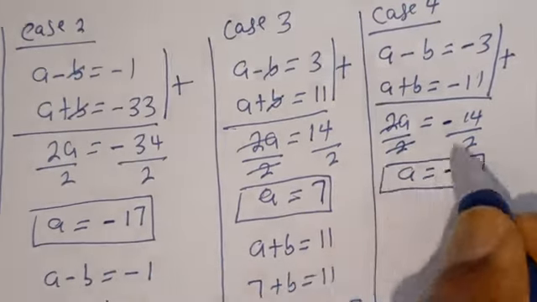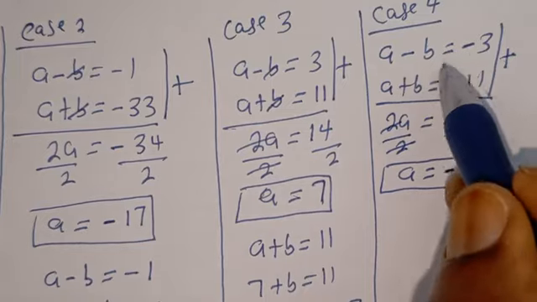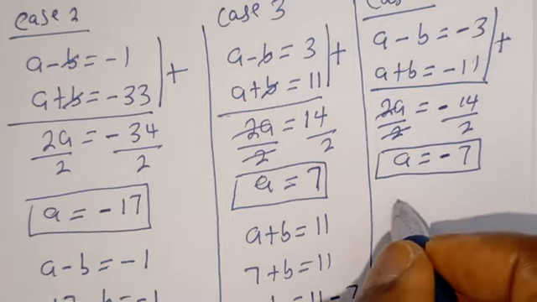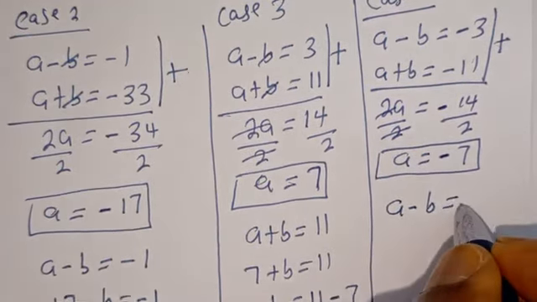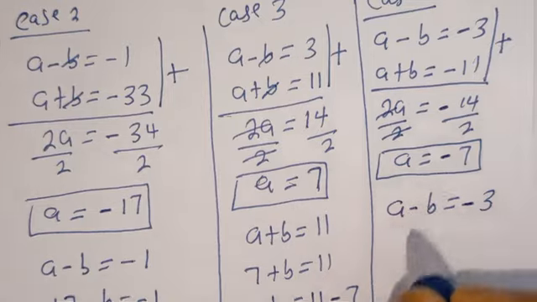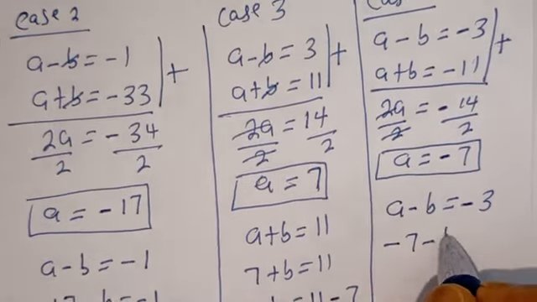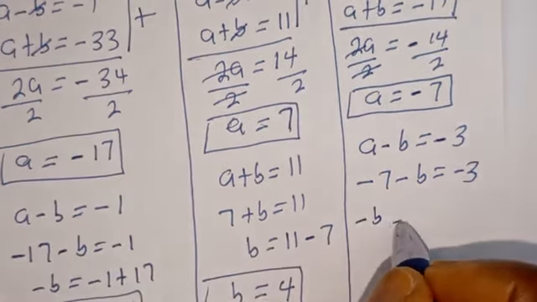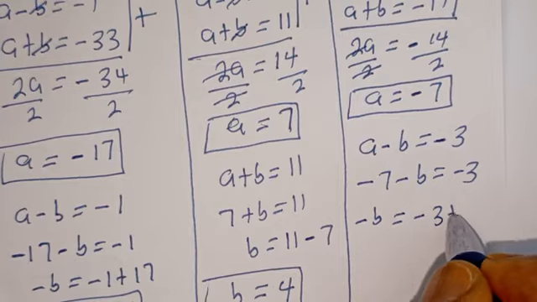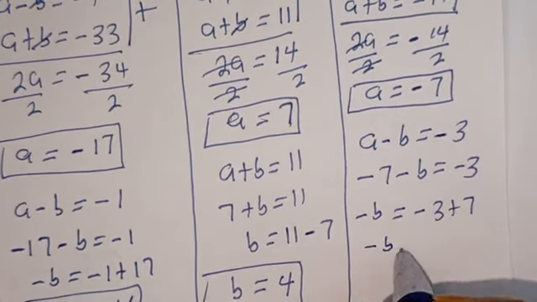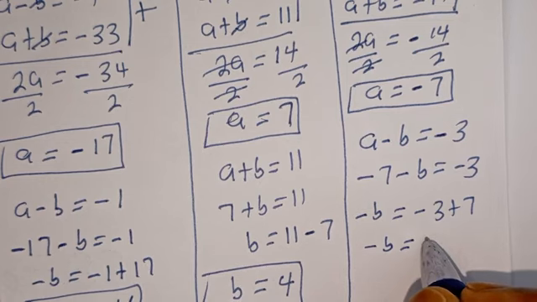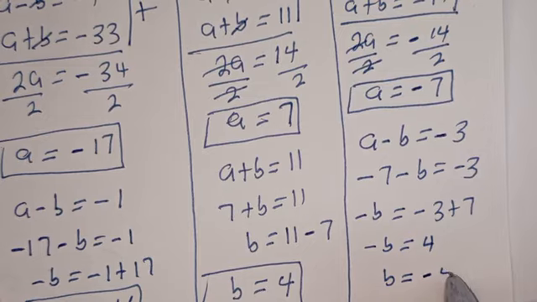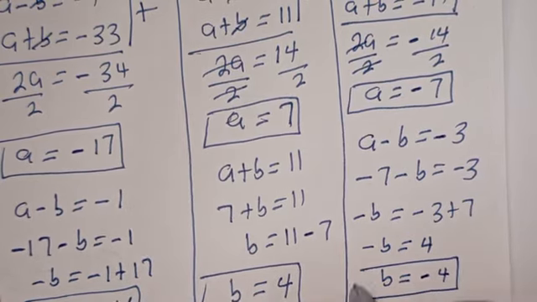This is the value of a. We can substitute for a in any of these equations to get the value of b. Let's make use of equation 1: a minus b is equal to minus 3. When a is minus 7, we have 7 minus b equal to minus 3. Actually, minus b will be equal to minus 3 plus 7, minus b is equal to 4, so b is equal to minus 4. This is the value of b.